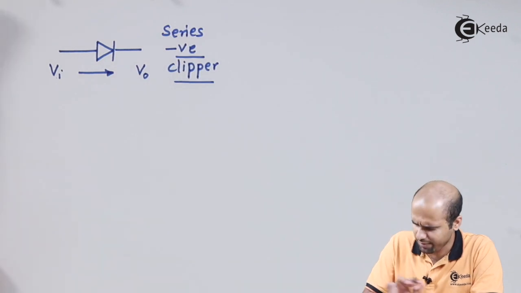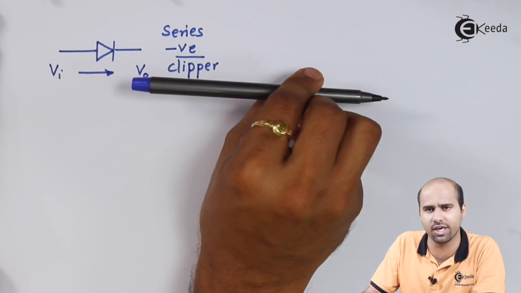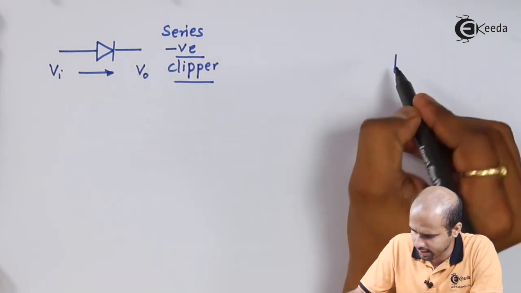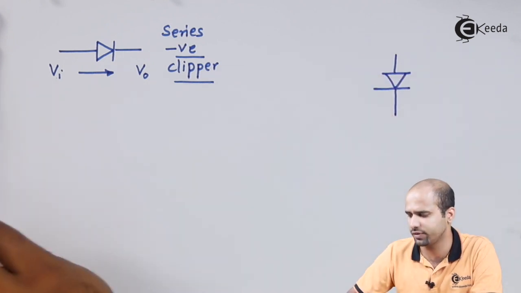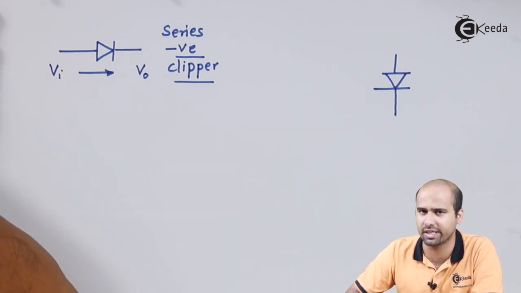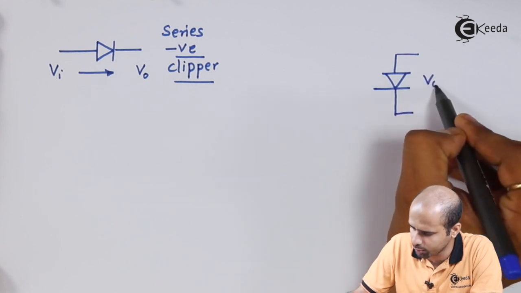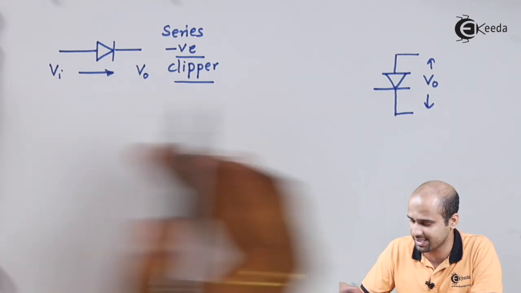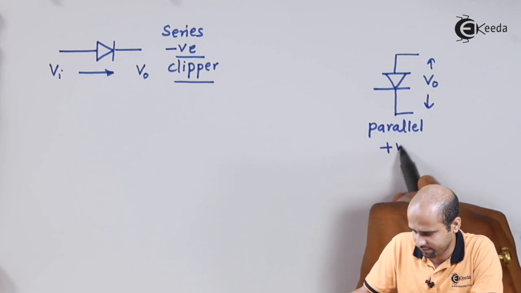The same way, we just have to take the direction of this diode and turn it 90 degrees down. This will give you the orientation of the diode, and with this orientation, whatever clipper circuit gets formed, here we will be getting the output. Whatever circuit we get is nothing but a parallel positive clipper.